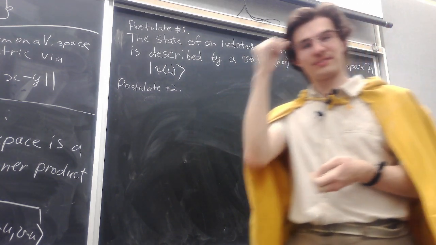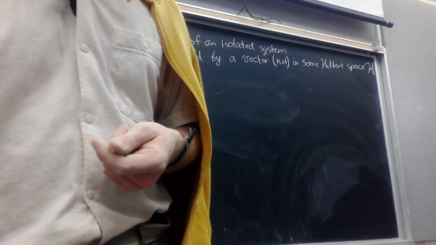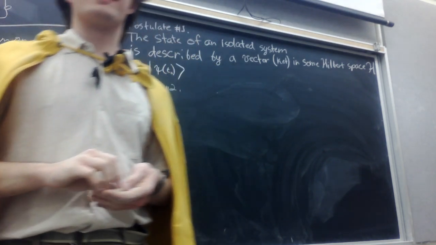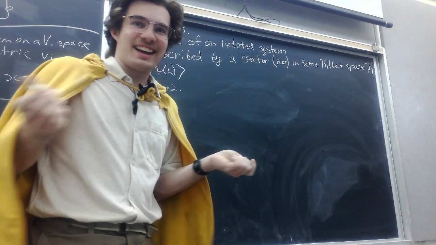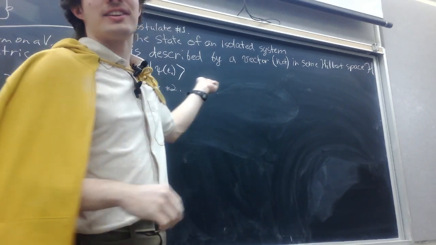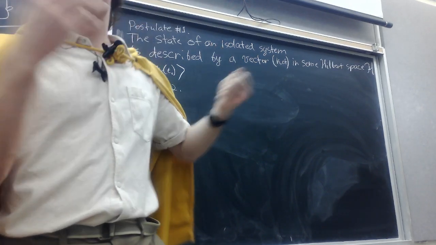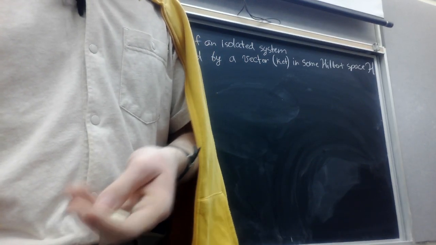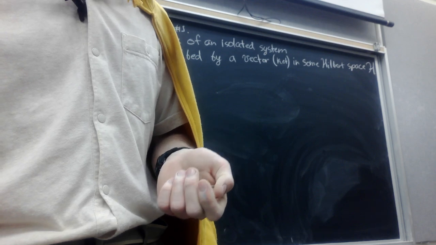Can't do that. That's why it's a postulate. You just assume this to be true. You're not supposed to explain it. I'm trying to explain things that maybe shouldn't be explained.